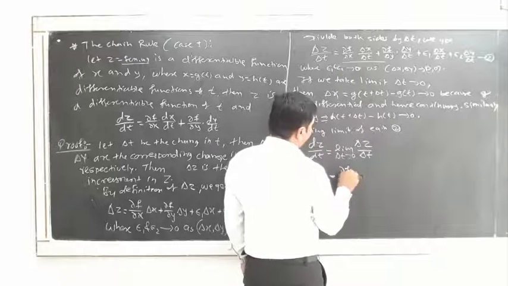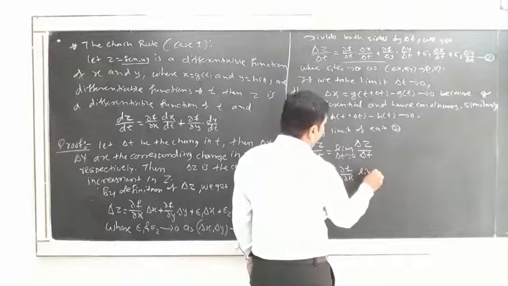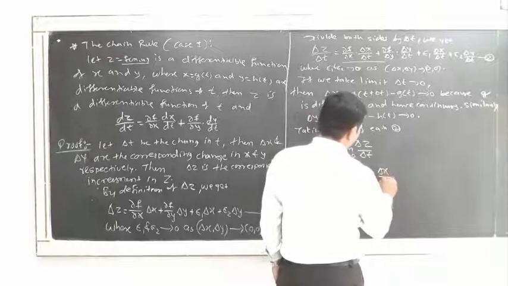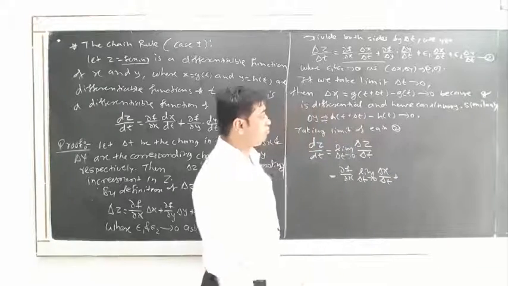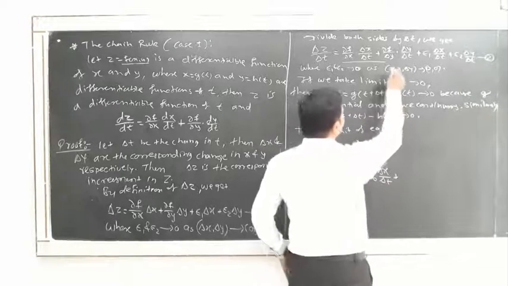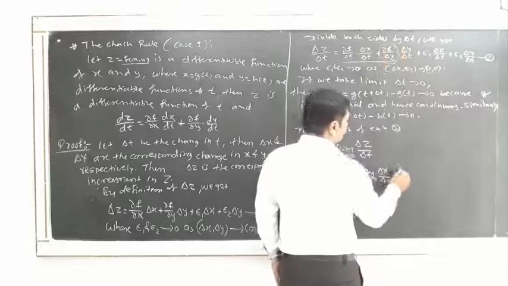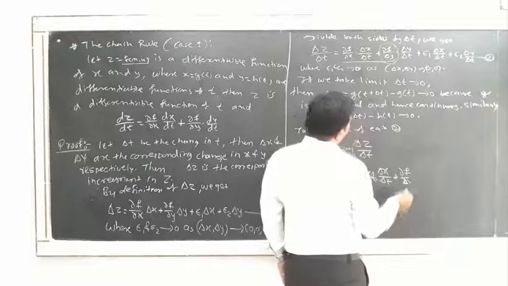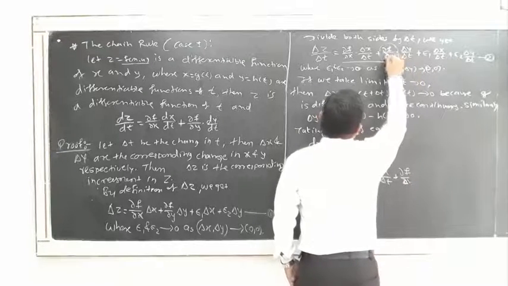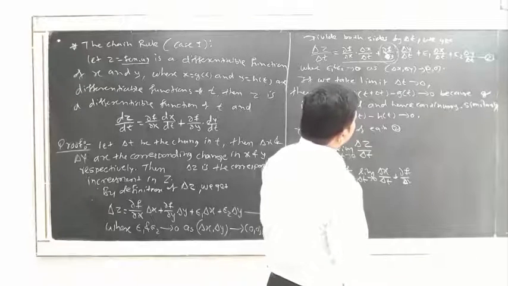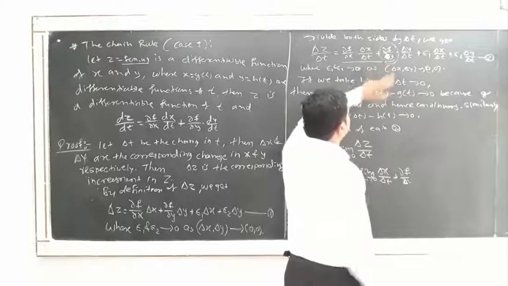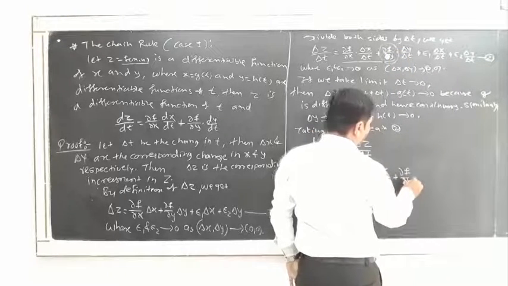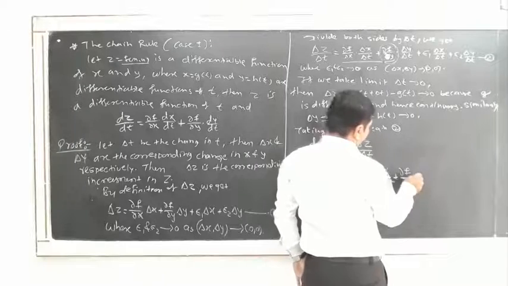So we write del f by del x, limit delta t tends to 0 of delta x by delta t plus del f by del y, and we are not writing a limit for this because del f by del y does not depend on delta t, is it?